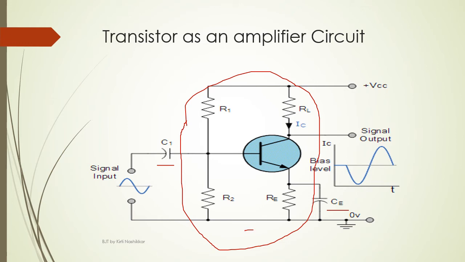Third part is the emitter capacitor. And the fourth part, which is not shown here, and I am going to add it, is the coupling capacitor CC, which is connected at the output terminal or collector terminal. Now the purpose of this coupling capacitor is to couple one stage of the amplifier with another stage of the transistor amplifier circuit.